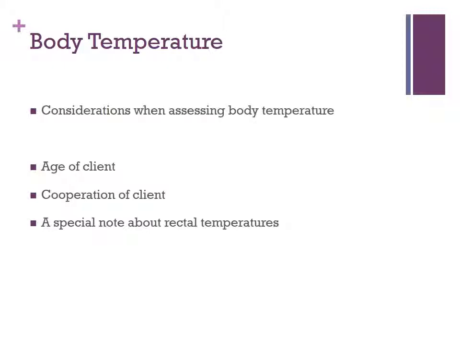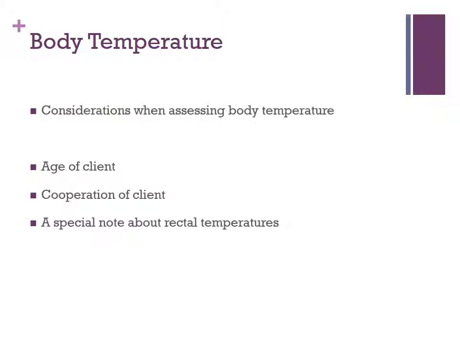When it comes to thinking about obtaining a patient's temperature, there are a few things that you probably want to consider. Of course, you want to tailor your approach to the age of the client as well as their ability to cooperate. So, for example, a little newborn baby would not be able to cooperate with an oral temperature.